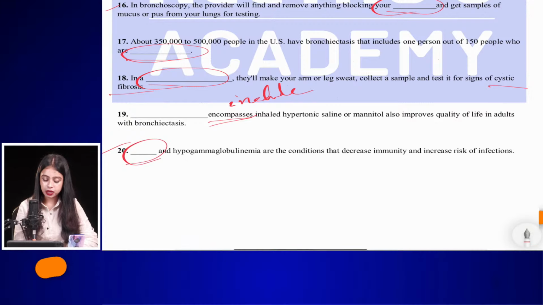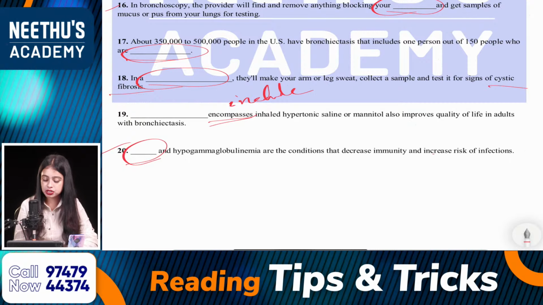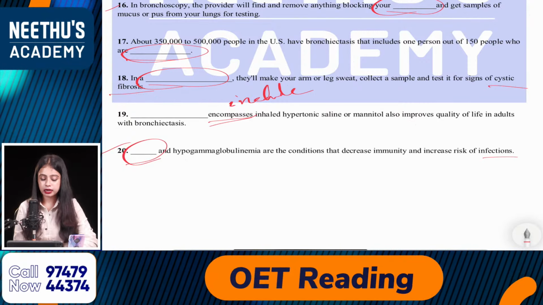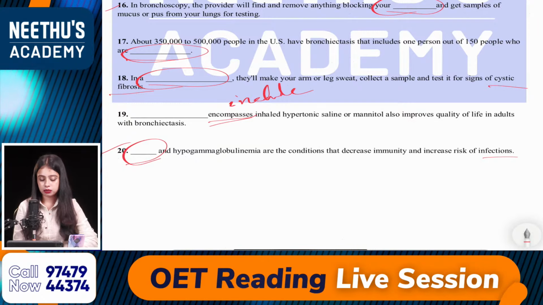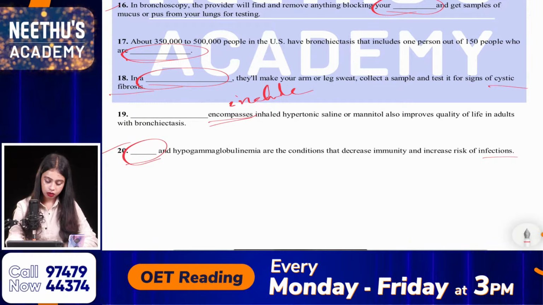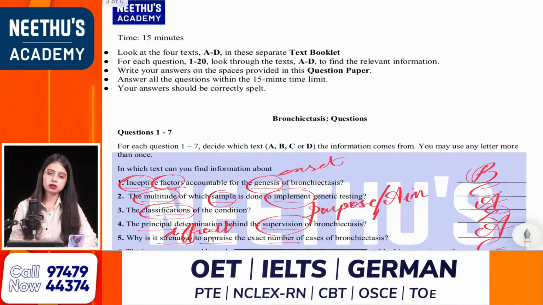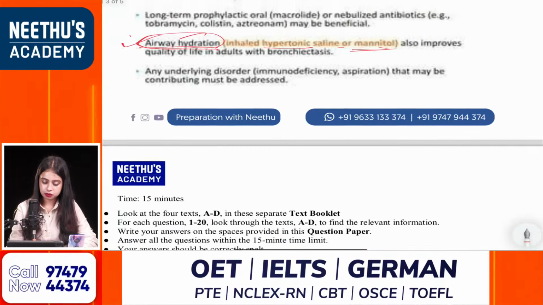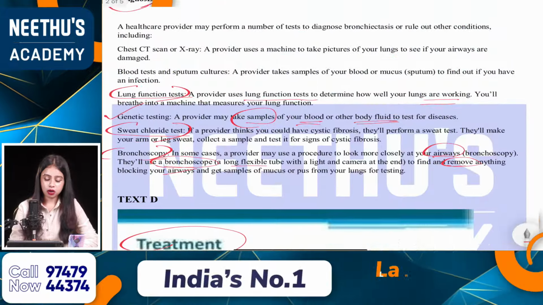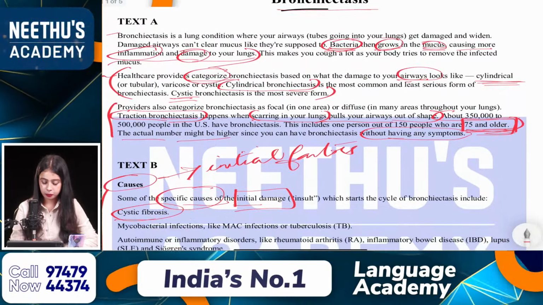And what about the last one? Dash and hypoglycemia are conditions that decrease immunity and increase the risk of infections. Dash and what? Okay, so what is the condition? Okay, so the answer is from which text? Is it from text D, or text C, or text B, or text A?